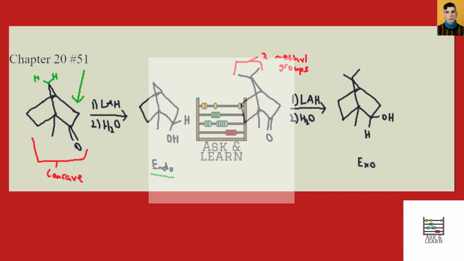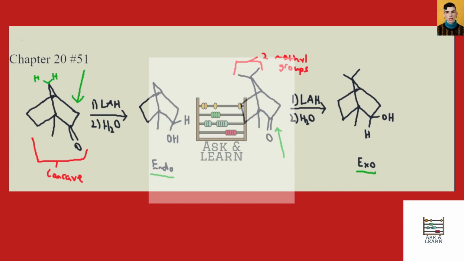And so we still have the concavity of the ring, but it turns out that the sterics from the concave shape of the ring actually end up being less than the sterics from the presence of those two methyl groups above the ring. And so in this second case, it's easier for the hydride to approach from the bottom of the ring. And that approach from the bottom is what ends up giving us the exo positioning of the alcohol in the second reaction here.